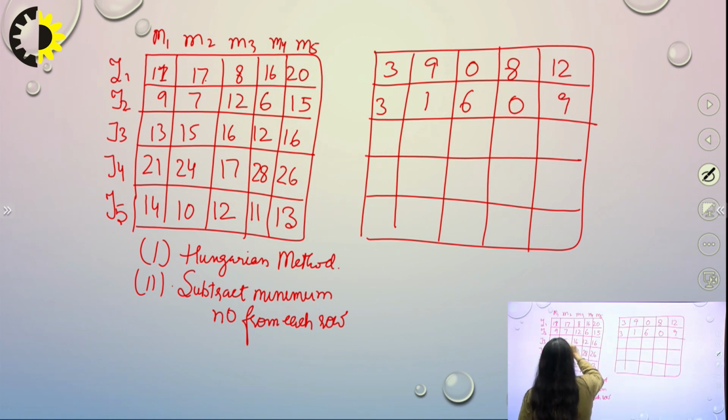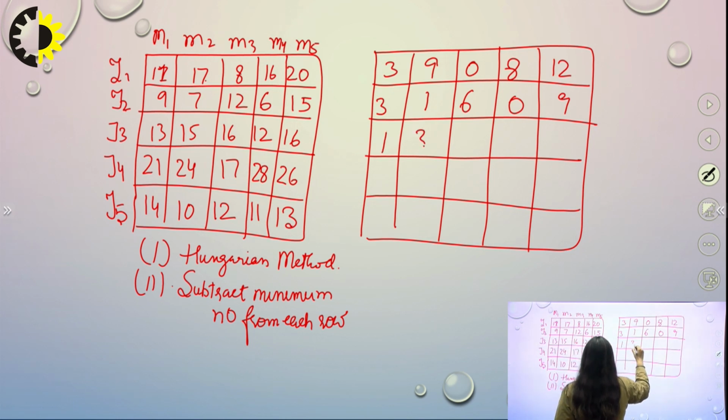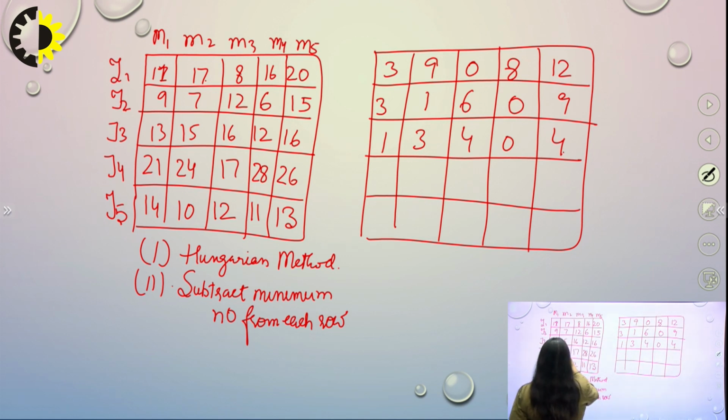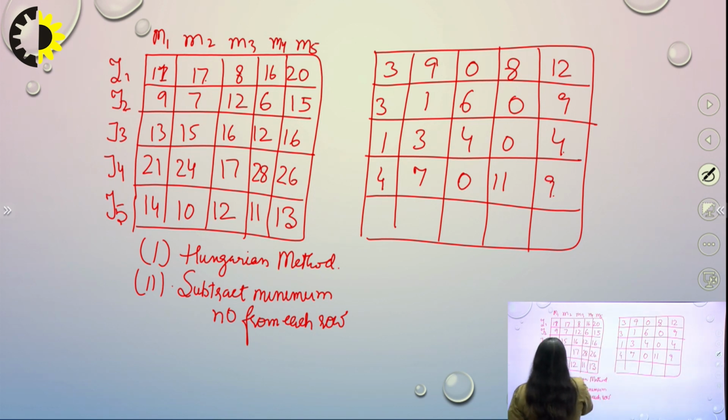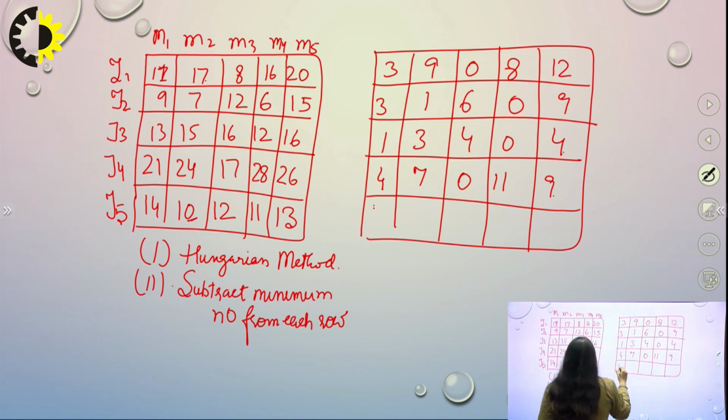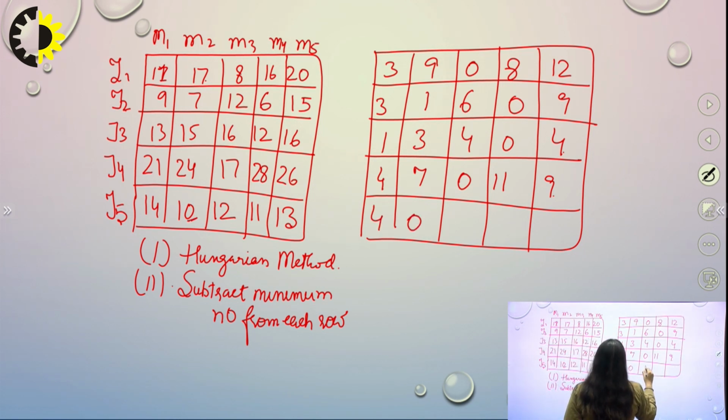Similarly, here the minimum element is 12, giving 1, 3, 4, 0, 4, and in this case it is 17, 4, 7, 0 and 11 and 9. Similarly, in this case the minimum element is 10, giving 4, 0 and 2, 1 and 3.